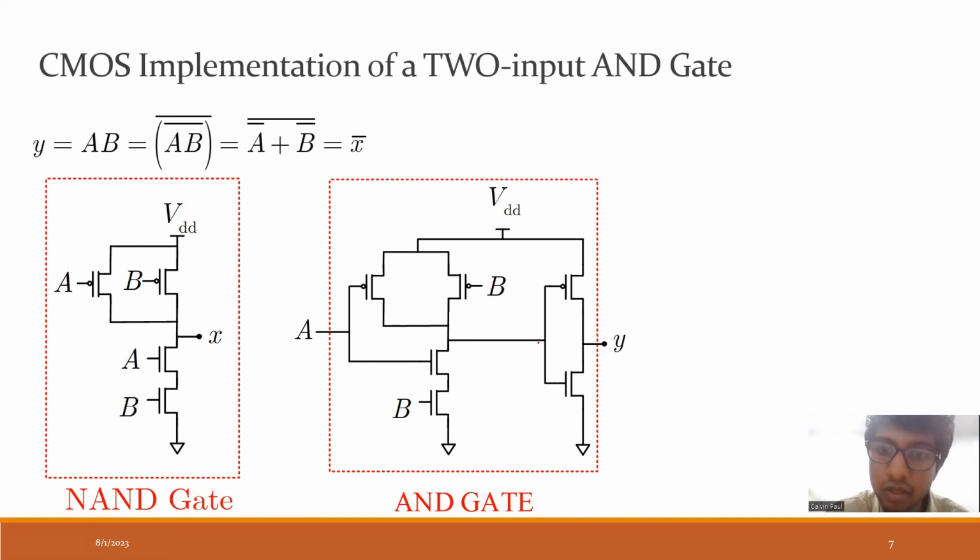Now I will take the output of this NAND gate to a NOT gate. Okay. So this is a NOT gate. For the NOT gate, if you give an input, assume the signal which comes here is 1. When the signal is 1 here, it means it is high. So this NMOS transistor turns on. When this NMOS transistor turns on, the output Y will be equal to 0.